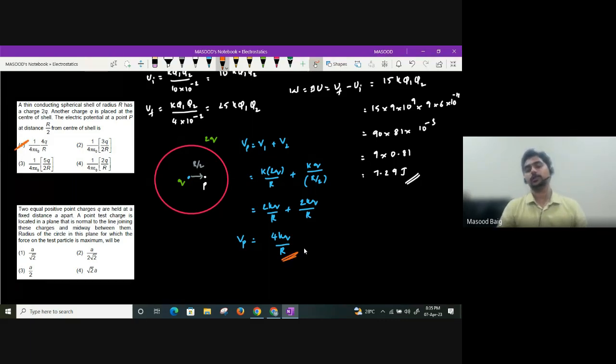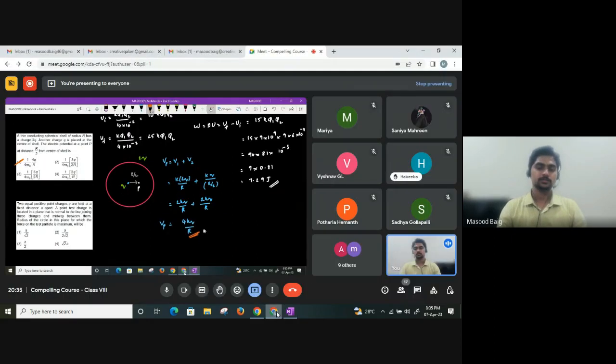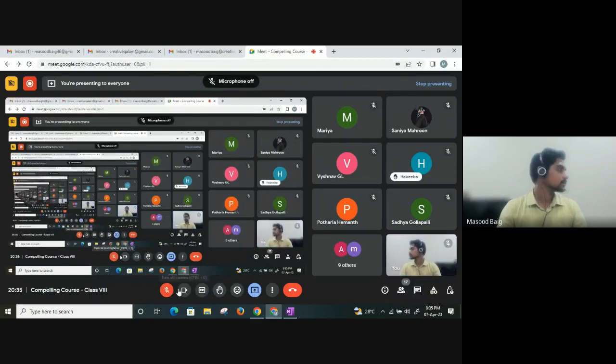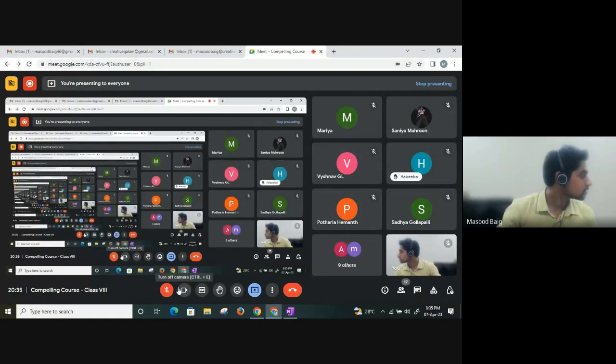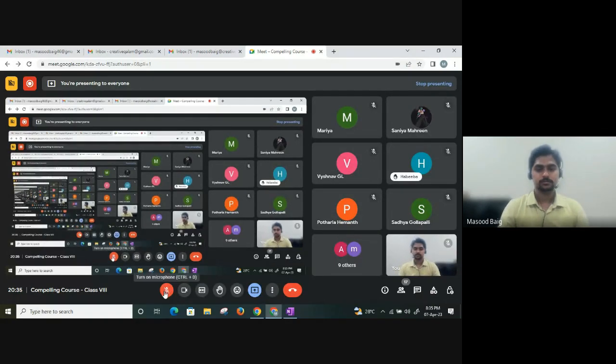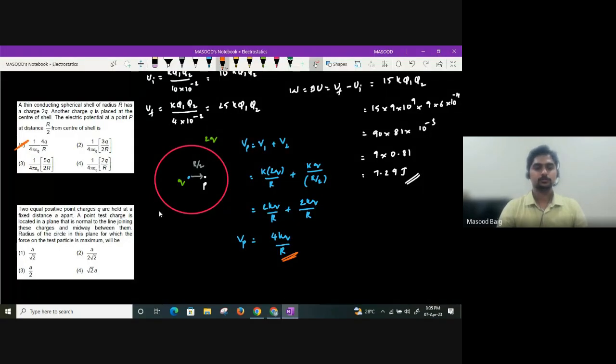Always remember this point. Potential, whenever you are finding at a point, it will be algebraic sum of potentials due to all the charges present in the system. Is it clear, all of you?